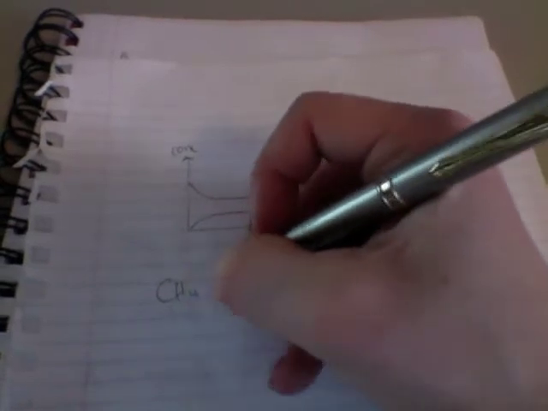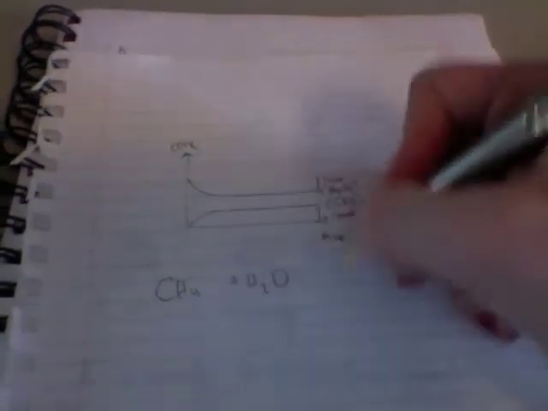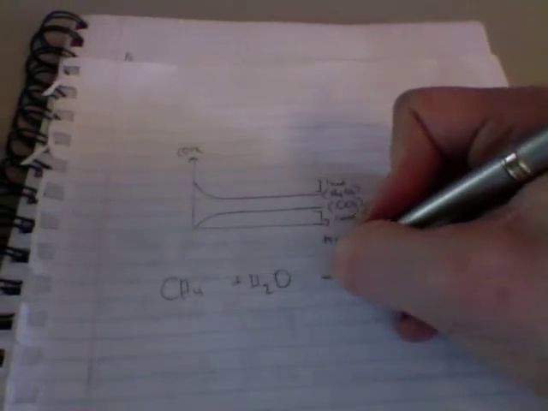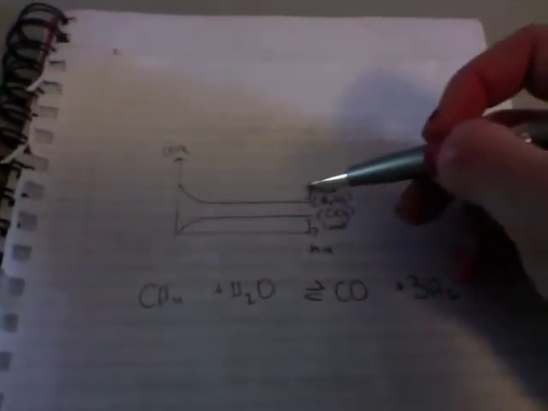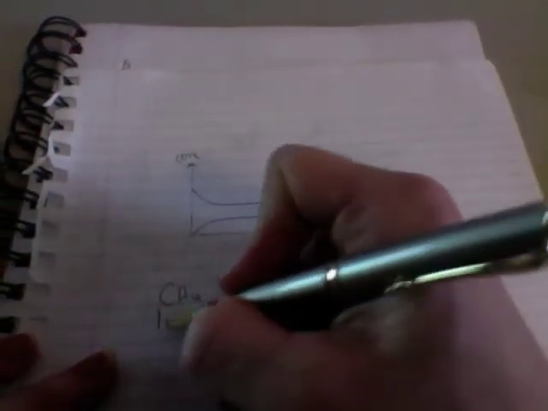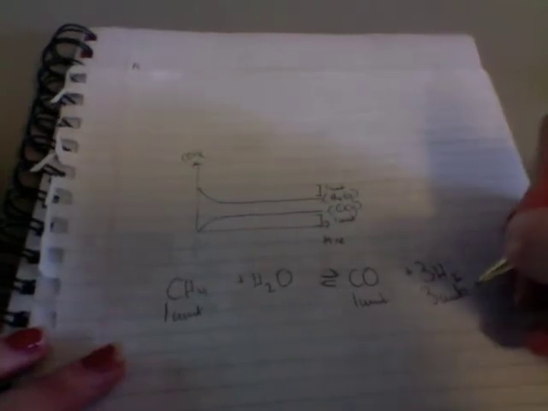This makes sense because if you look at the equation, we have a 1-to-1 ratio between methane and steam, and we produce a 1-to-1 ratio of carbon monoxide, and hydrogen gas is at a 1-to-3 ratio. So hydrogen gas is really the only thing that's not 1-to-1. You don't need to know what this unit is, you just need to know that if I use up 1 unit of methane gas, I'm going to produce 1 unit of carbon monoxide and 3 units of hydrogen gas.